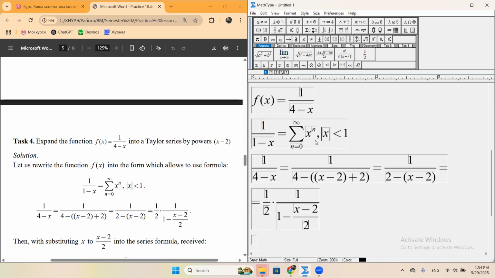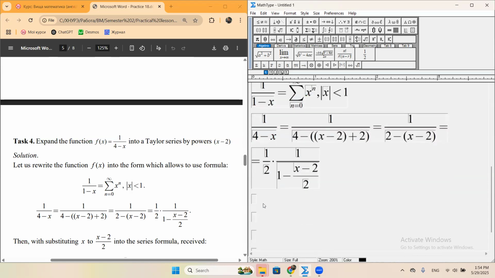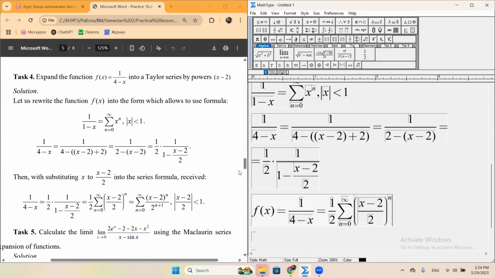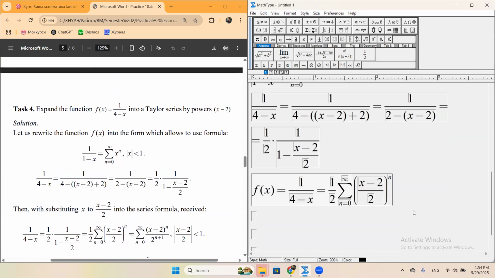And now I will substitute it into this formula. So this function will be substituted into this formula. So f of x will be equal: let's do the substitution. Here will be 1 over 2, and here I will use this formula, this series. And then I will just simplify it.